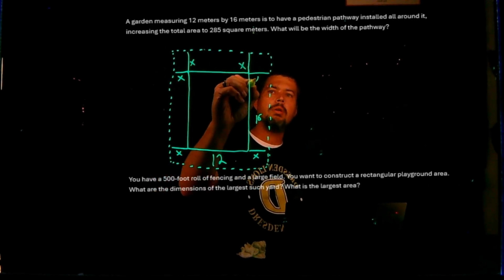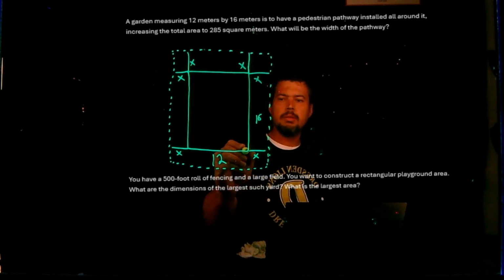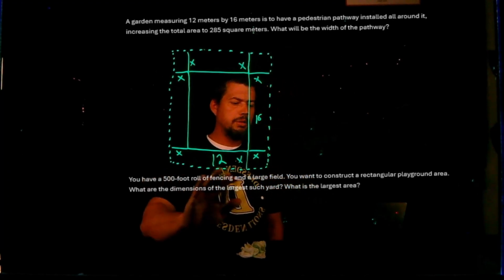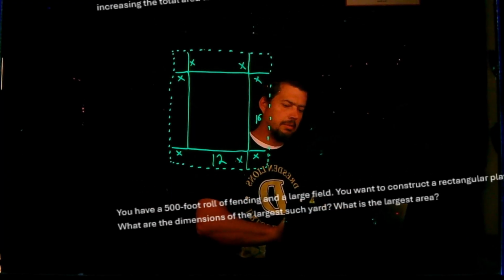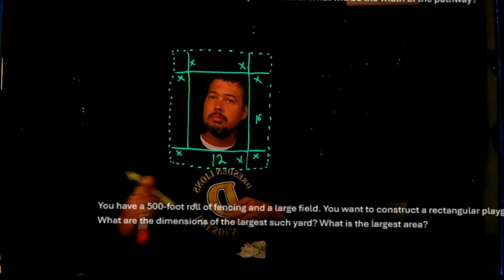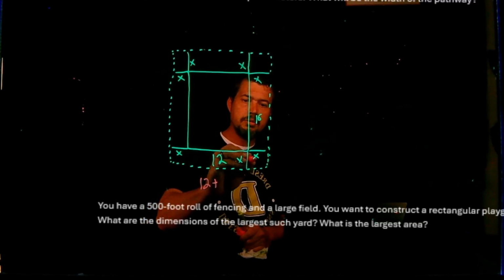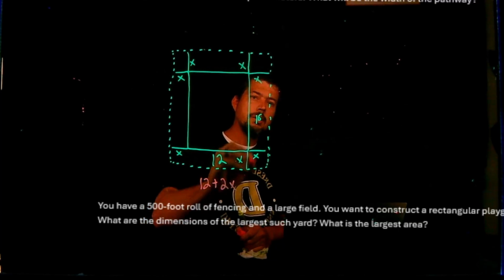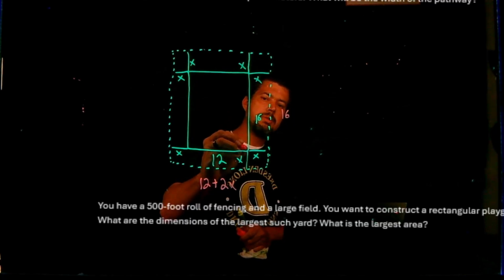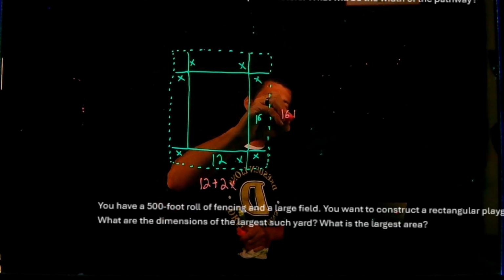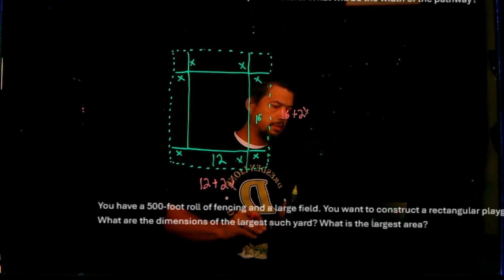So the width of the walkway is just x. Now, think about what's happening to this 12. It was 12, and now it is 12 plus 2 x's. I was 16, but now I'm 16 plus an x here and an x there, plus 2x.